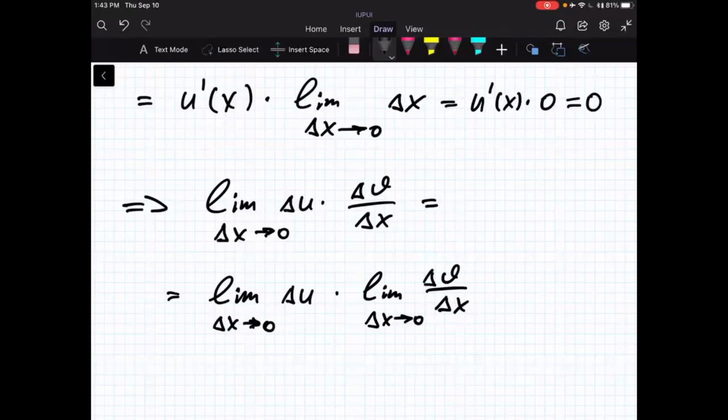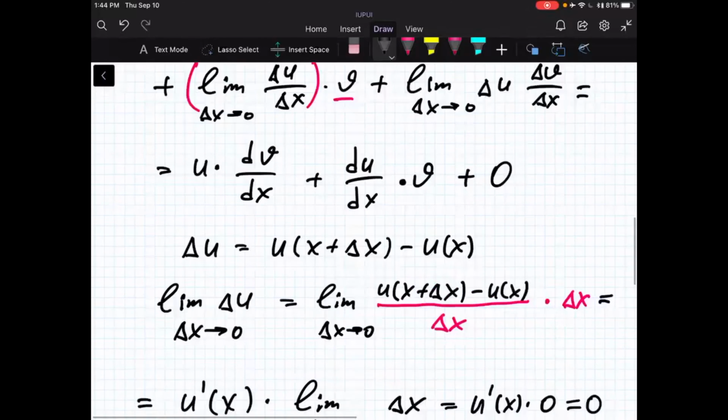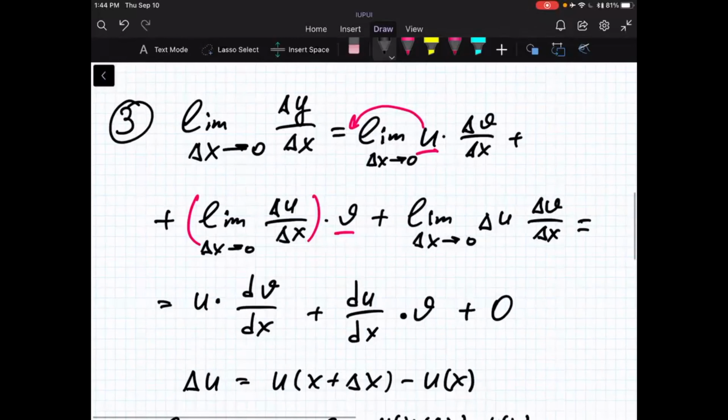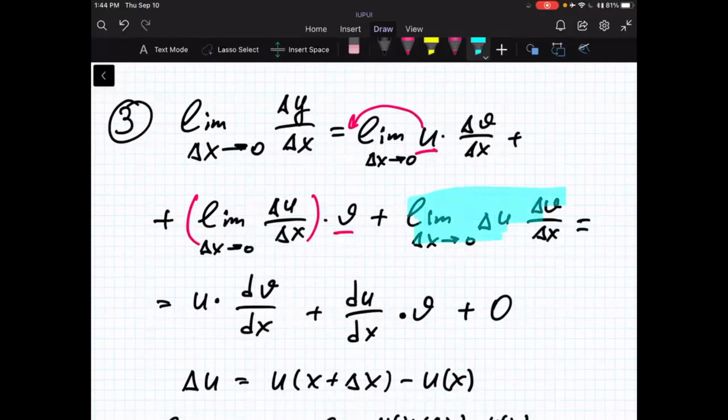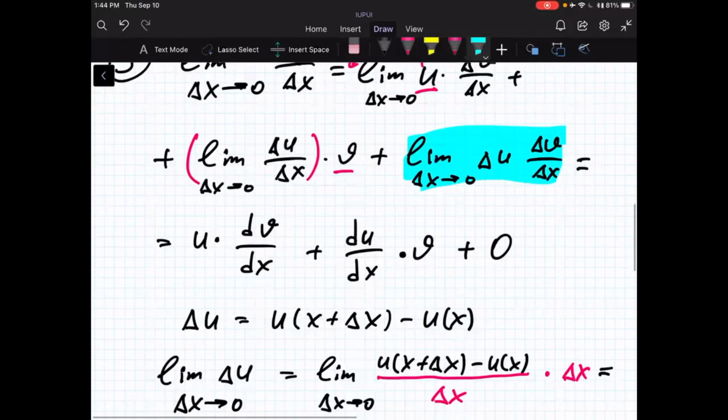And I know that because I just calculated that this limit is equal to 0, while this limit, again, because v is differentiable, is equal to v prime at point x. And by the same reason, I got that it is 0. And that proved that this limit is in fact 0.